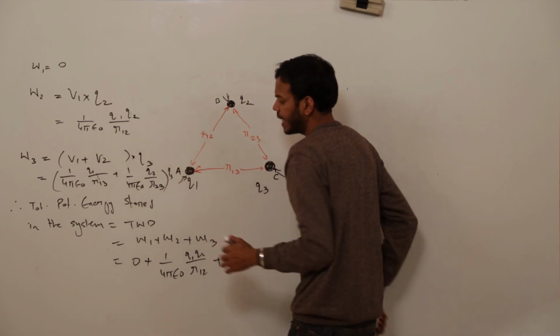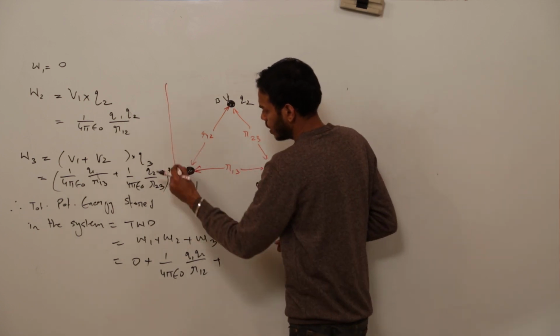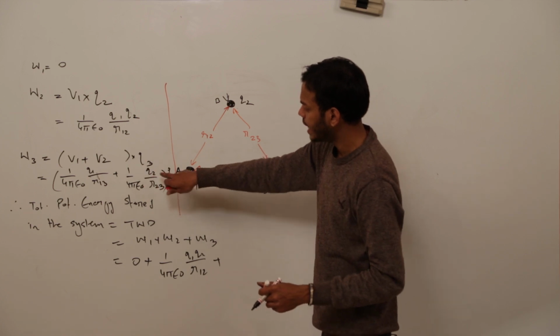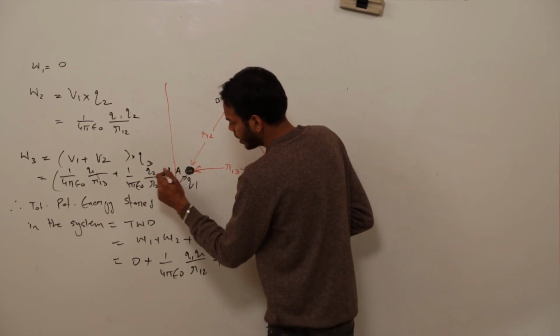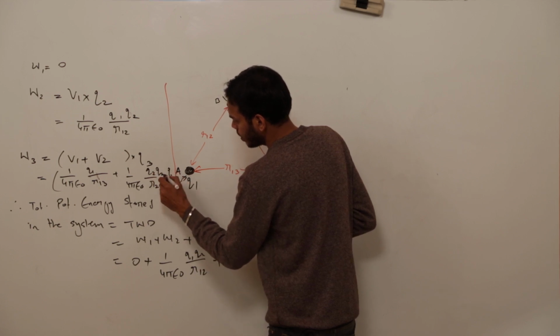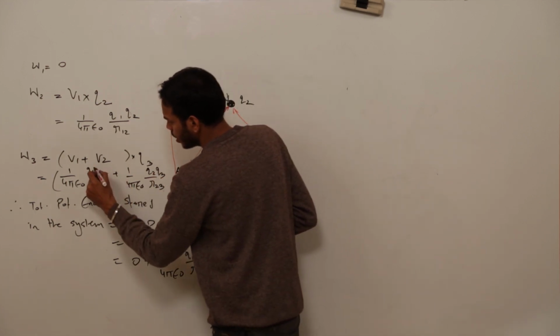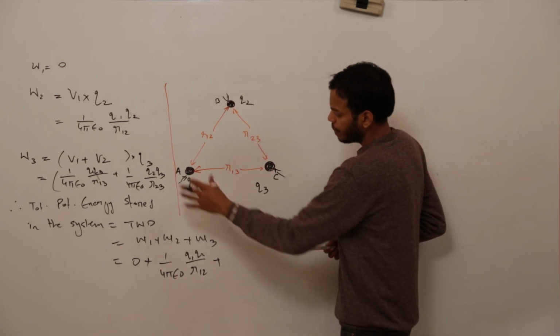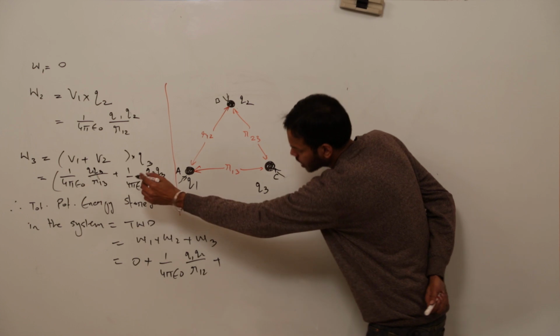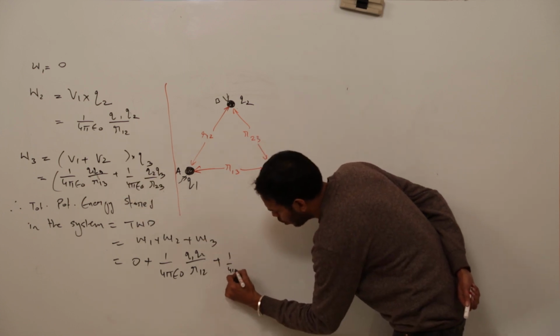So instead of writing it like this, I am removing the bracket, Q3 here, and Q3 here. Sorted? So the equation becomes this plus this equation, 1 upon 4 pi epsilon naught.